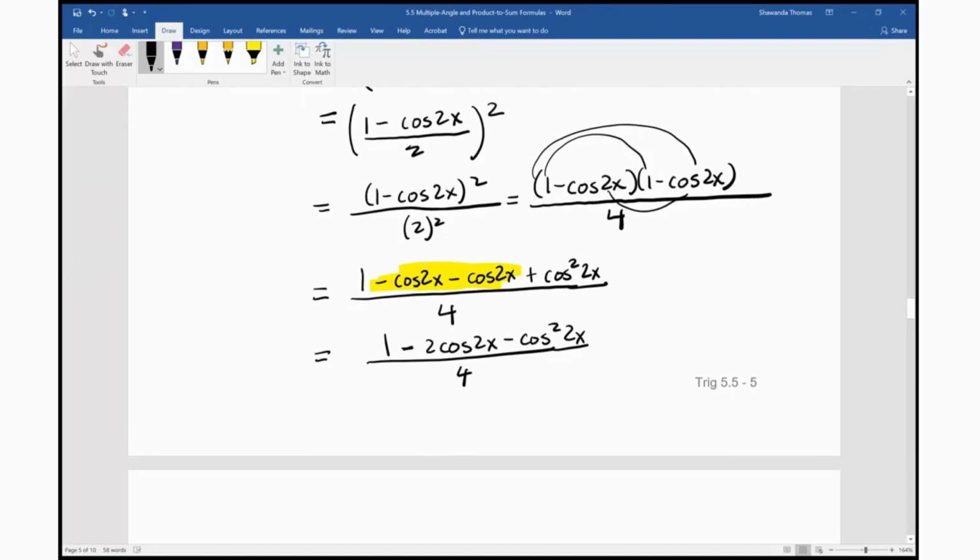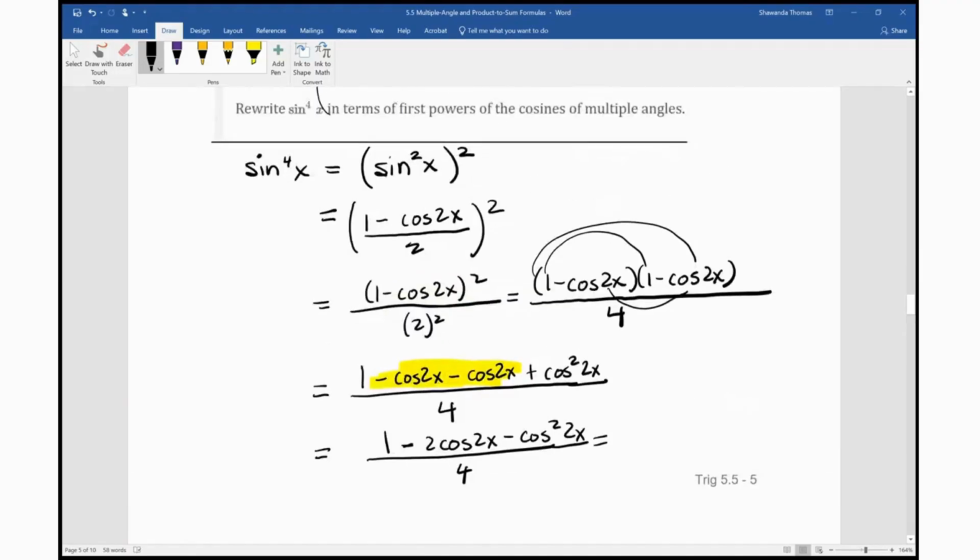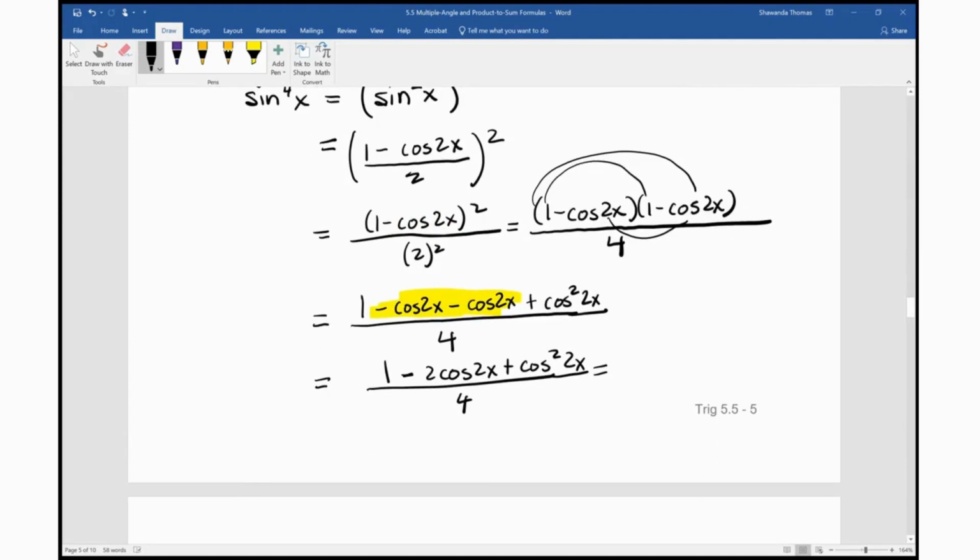To be honest, I would actually take this answer right here. They have some more stuff going on here. How did the cosine squared 2x become negative if it was just positive? Oh, thank you. Probably plus. Thank you. All right. 1 minus 2 cosine 2x plus cosine squared 2x over 4.